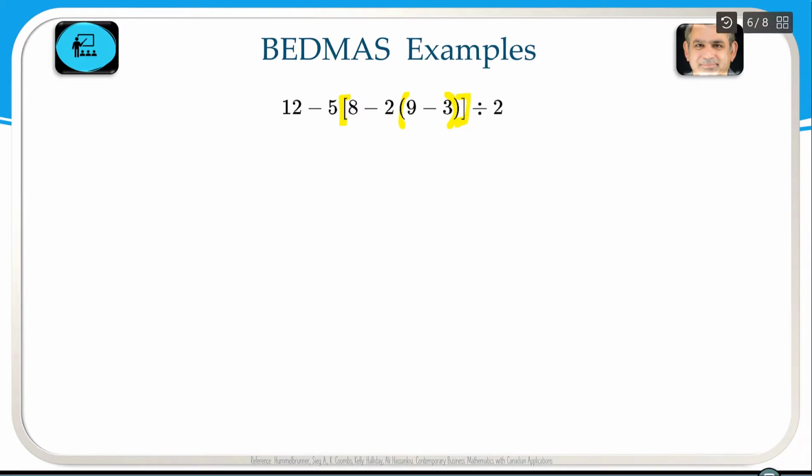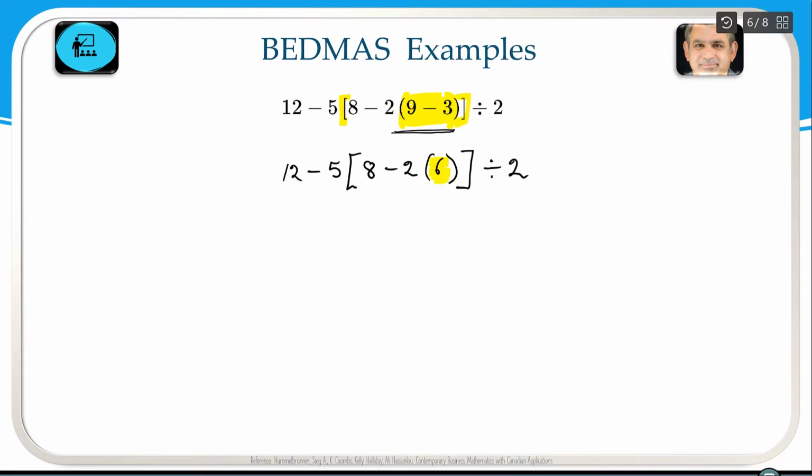That is why we will start with the inner brackets here. 12 minus 5, this grouping sign, 8 minus 2, and this bracket we are solving, 9 minus 3 is 6, and then this grouping sign divided by 2. So we have solved the innermost bracket here, which gave us the number 6.